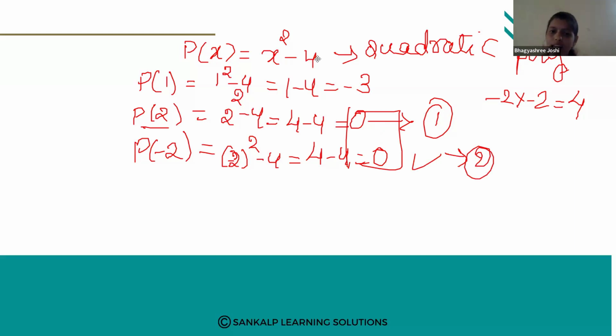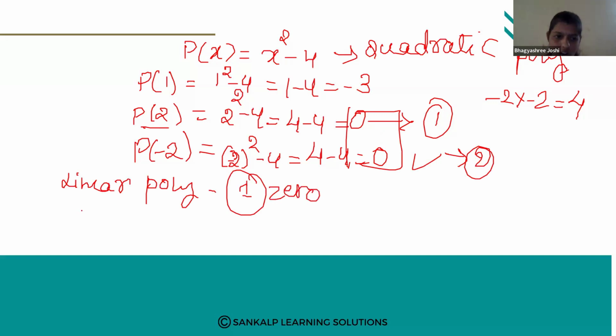Always remember, a linear polynomial has 1 zero. A quadratic polynomial has maximum 2, or at most 2. More than 2 is not possible.